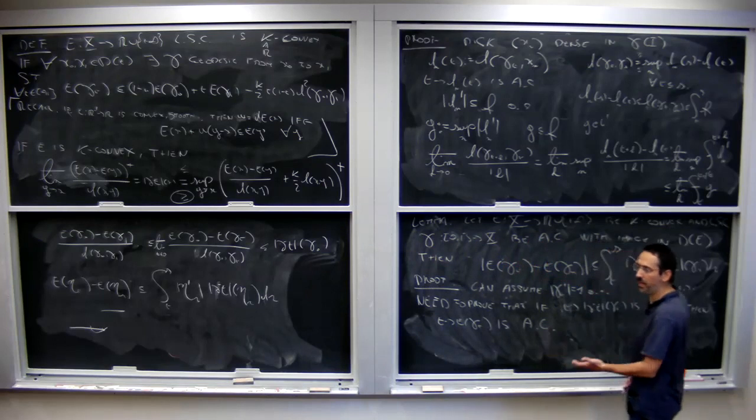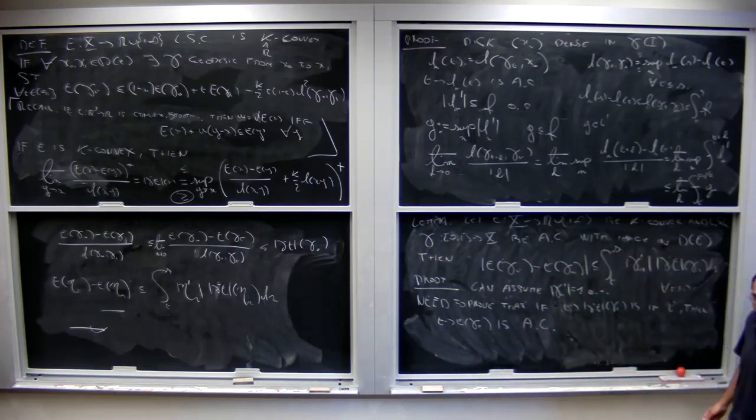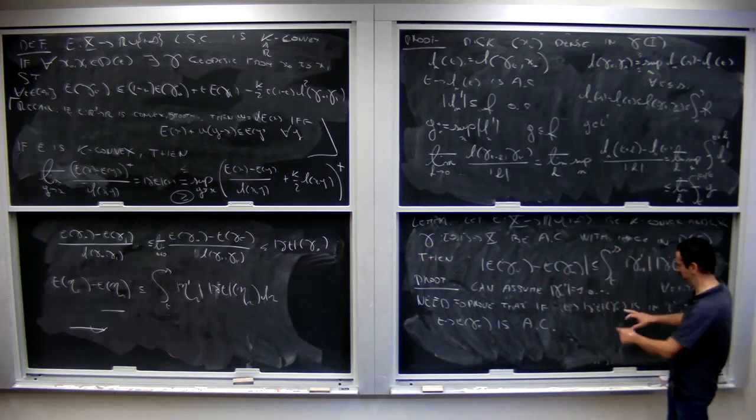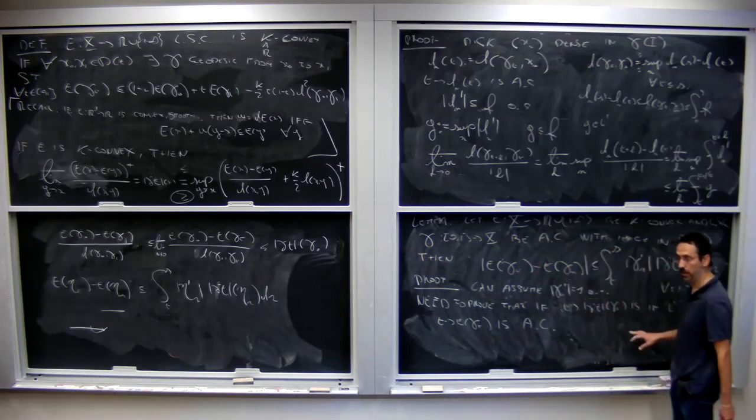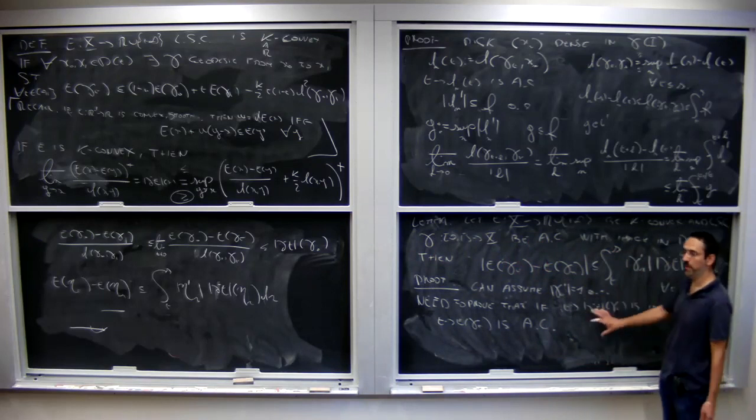If I prove this, I'm done. Gamma is speed 1, so that's why there is no gamma dot in this. Okay, and let's say that I've proved this.